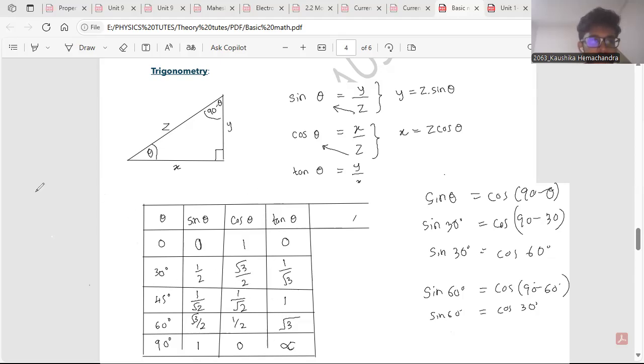So that is what this table shows us. Copy down the table, and also if you want this to show the relationship between them.